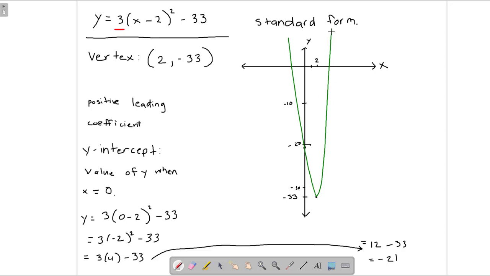So it's not perfectly symmetric, but this would be fine to graph, like to write as your answer like this. And so we just have to label our vertex, 2, negative 33, and our y-intercept here, that's going to be at 0 because we plugged in 0 for x, and negative 21.